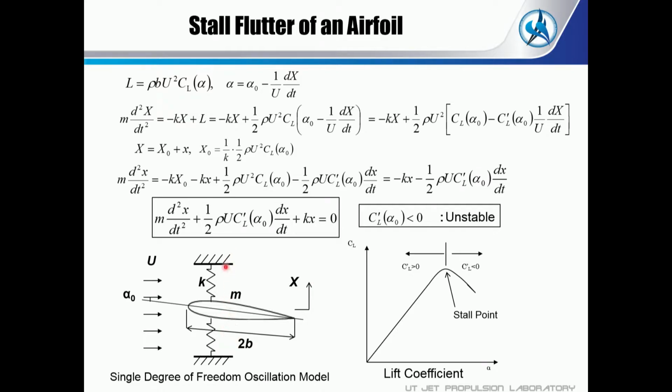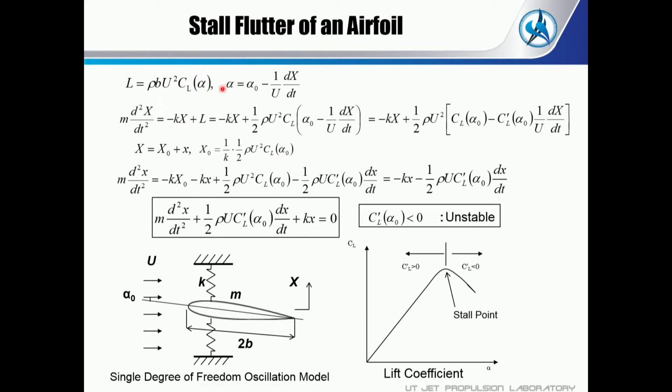It executes only 1 degree of freedom, meaning only the heaving or translational oscillation in this direction. And the lift force is written like this: rho B U squared, and CL is the lift coefficient, and alpha is the instantaneous angle of attack.